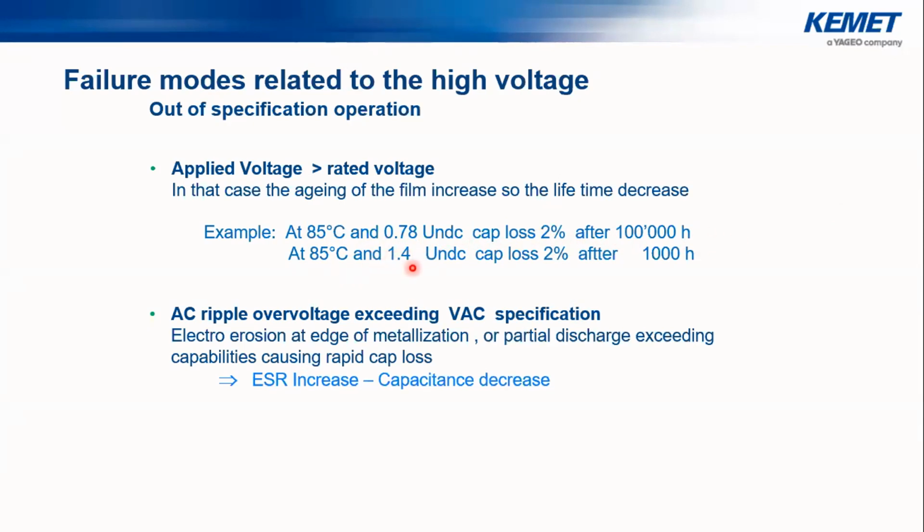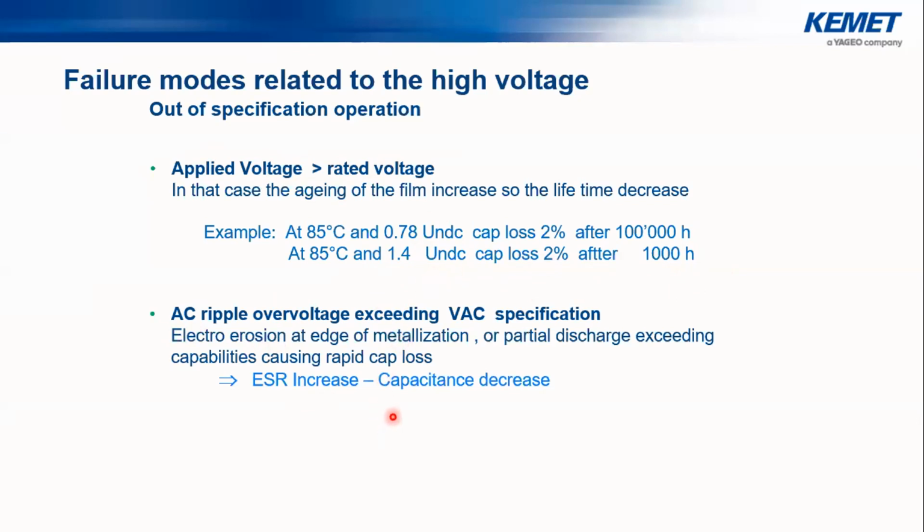But if you use that capacitor at 1.4 times the rated voltage, the end of life can happen after 1,000 hours. So it is important to choose capacitors according to your applied voltage and have the right voltage margin to avoid aging your film capacitors and reducing their lifetime.